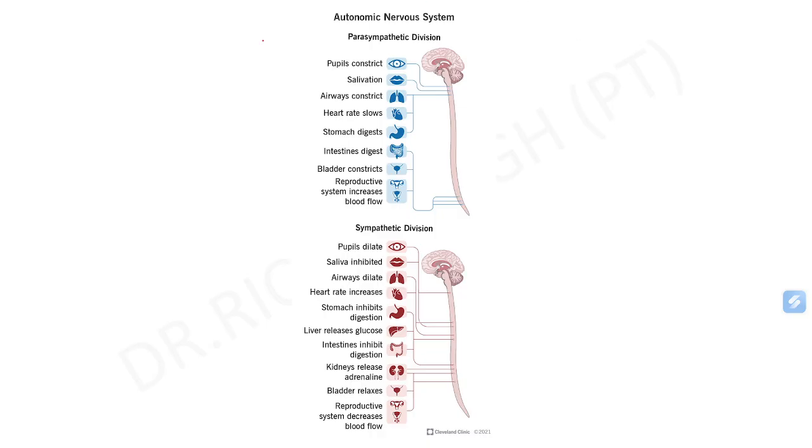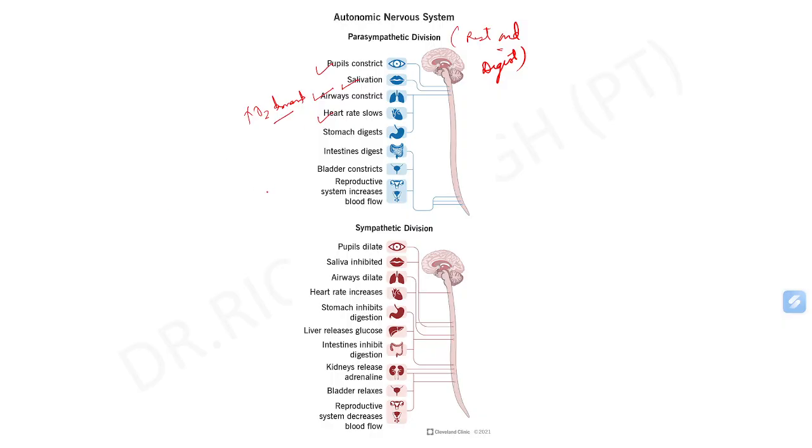So, as we can see in this diagram, the parasympathetic division is called the rest and digest response. It helps you to constrict your pupil, it helps in salivation, and airways in your respiratory system constrict because you don't have a lot of increased O2 demand when you are at rest.